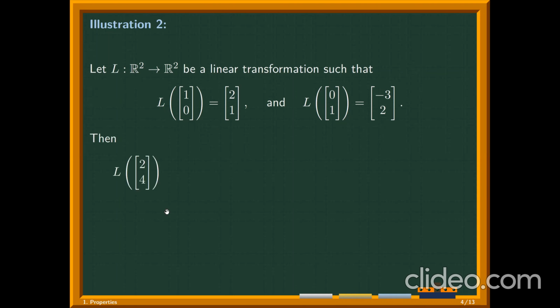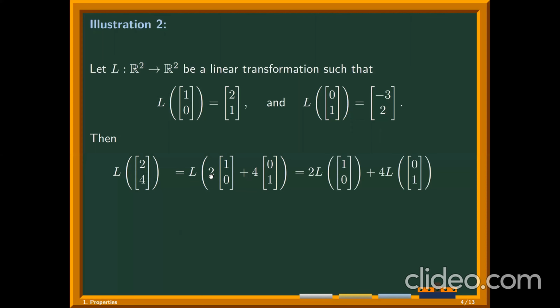So for instance, if you want to find the image under L of (2, 4), we just write (2, 4) as a linear combination of (1, 0) and (0, 1). So (2, 4) is the vector sum 2 times (1, 0) plus 4 times (0, 1). And because L is a linear transformation, this is just 2 times L of (1, 0) plus 4 times L of (0, 1).